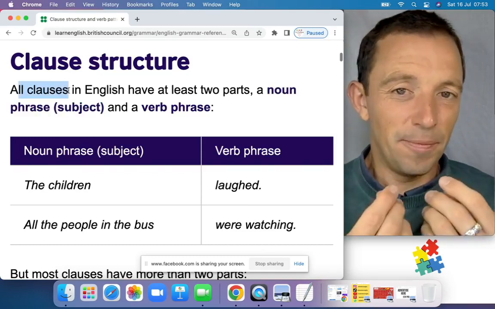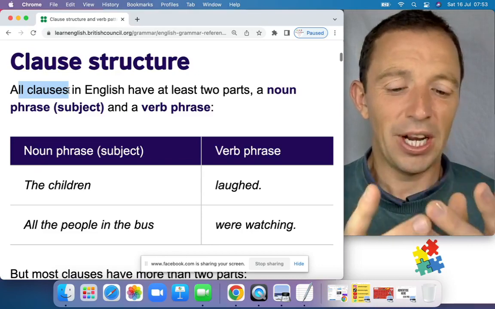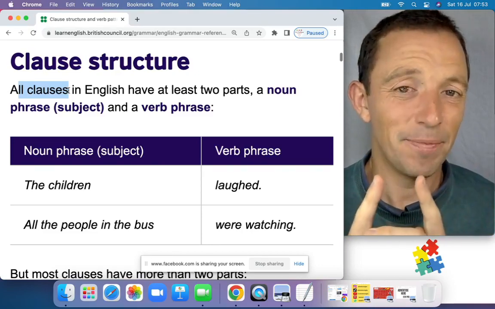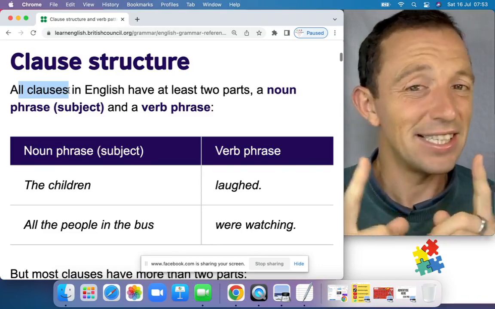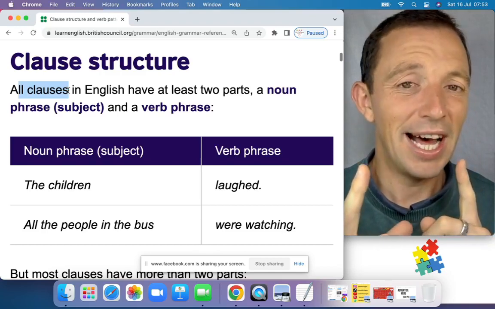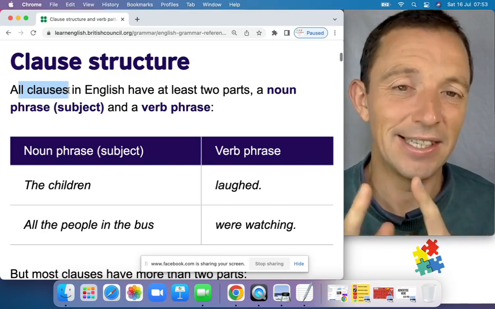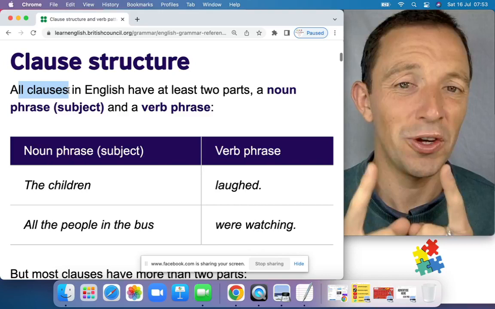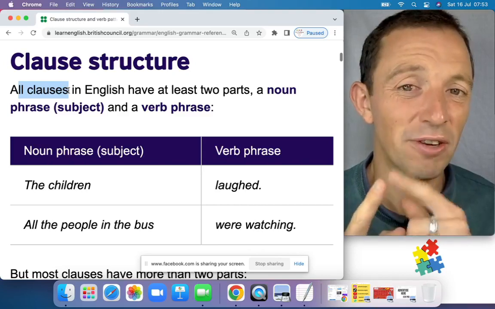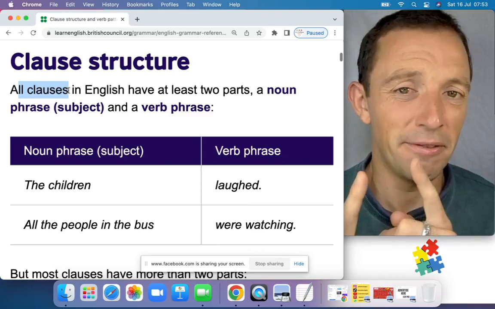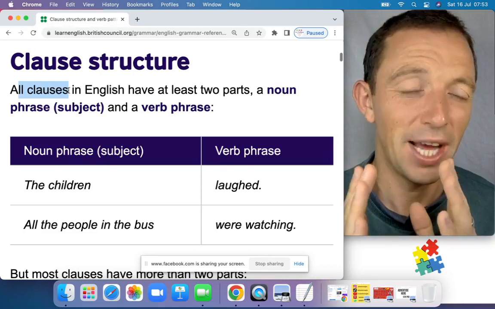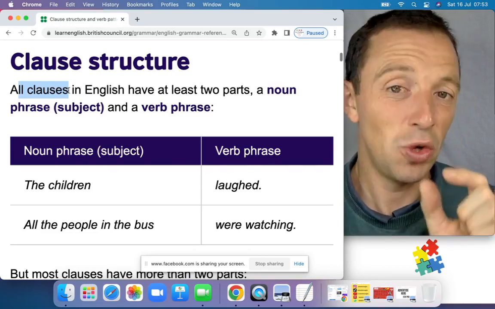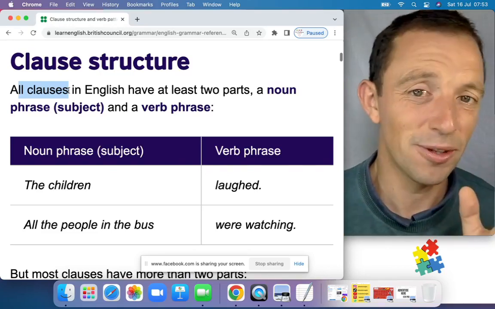A clause. What is a clause? A clause usually is a part of a sentence. A sentence is possibly very long and possibly contains 2 or 3 clauses. A clause frequently has a subject, a verb, maybe an object, and then maybe a linker to connect another clause.